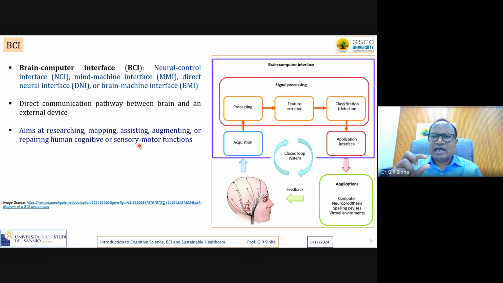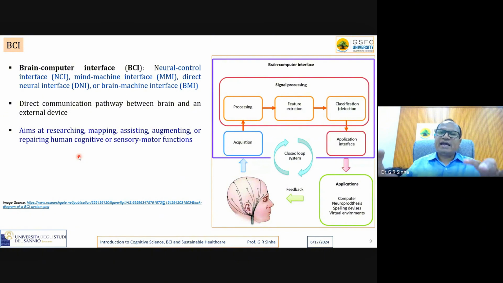Can that performance be augmented with the help of BCI? That is called augmenting. Repairing human cognitive functions: if there is some disability, some loss of cognitive ability or motor function. Hope you understand motor task. What does motor task mean?